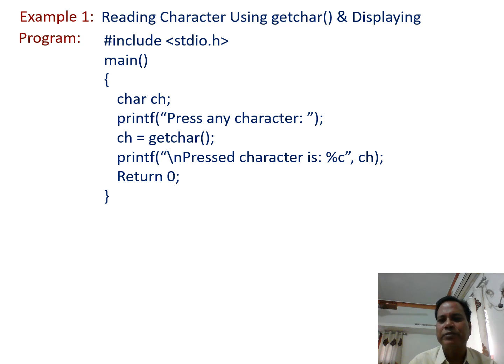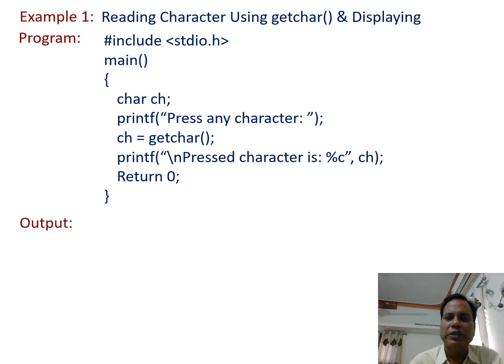So this message is printed on the output screen, and reading this message we press any character. Once that character is pressed, it is taken in by the getchar function and is stored in the character variable ch, and using the next printf statement, the entered character is printed. So pressed character is %c, at this format specifier the value of ch gets printed.